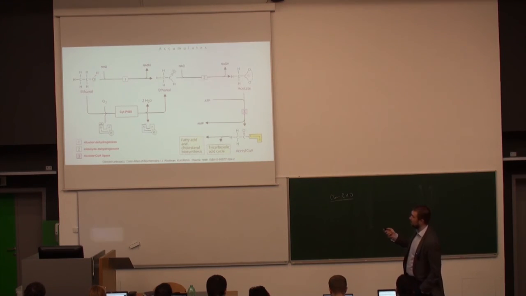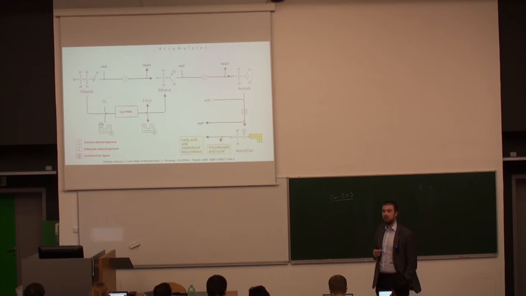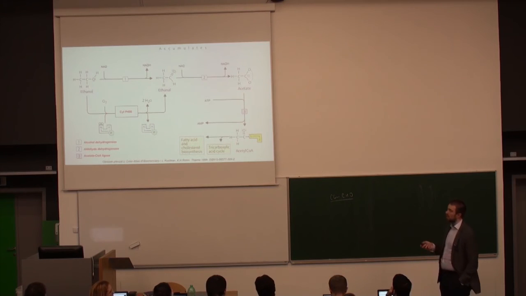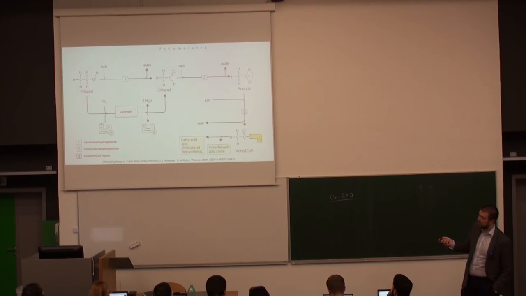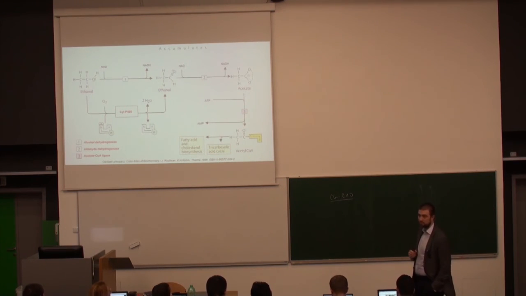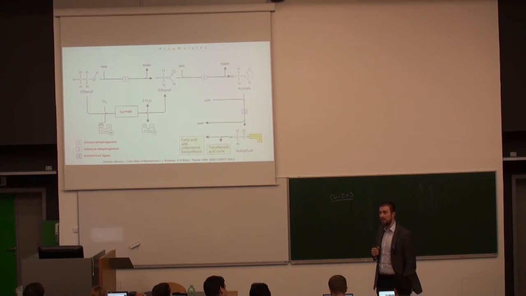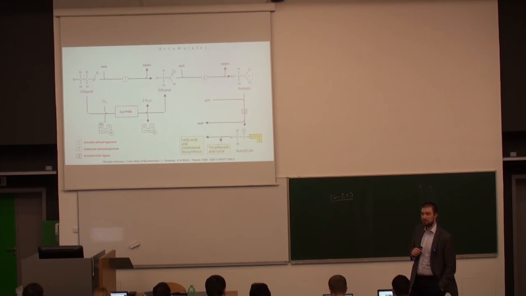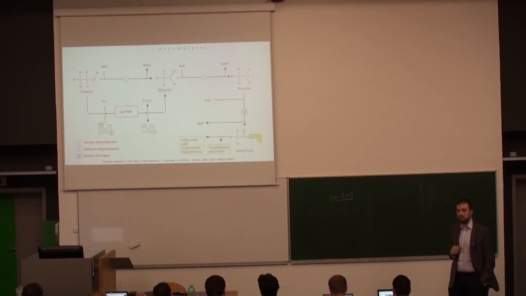This is the dominant pathway if you have quite small amounts of ethanol in your diet. Here you have the possibility of an alternative pathway that's metabolized by enzymes of cytochromes P450. And this is the pathway that is inducible, and you induce it when you have high consumption of ethanol.